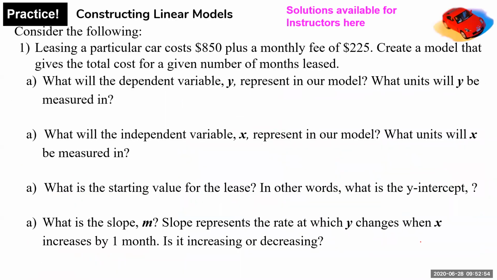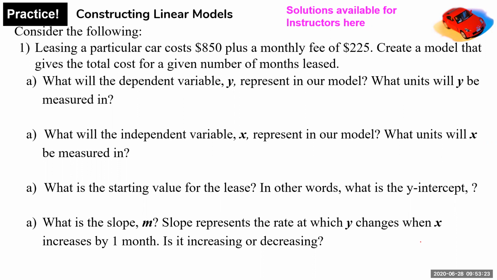All right, now here, these are practice problems, and I would want us to go through these practice problems one after the other. Now, leasing a particular car costs $850 plus a monthly cost of $225. We want to create a model that gives the total cost for a given number of months leased. Now, what would the dependent variable y represent in our model?